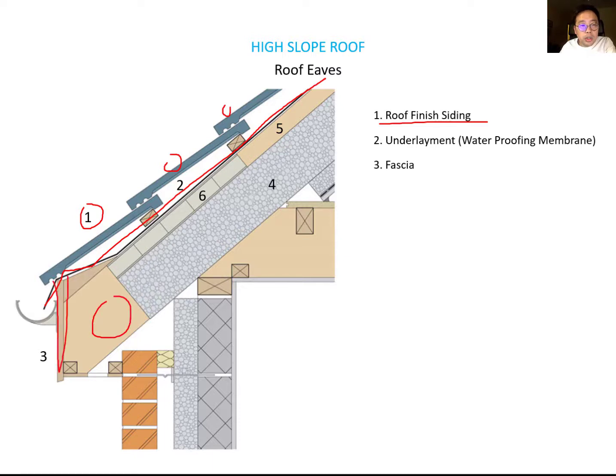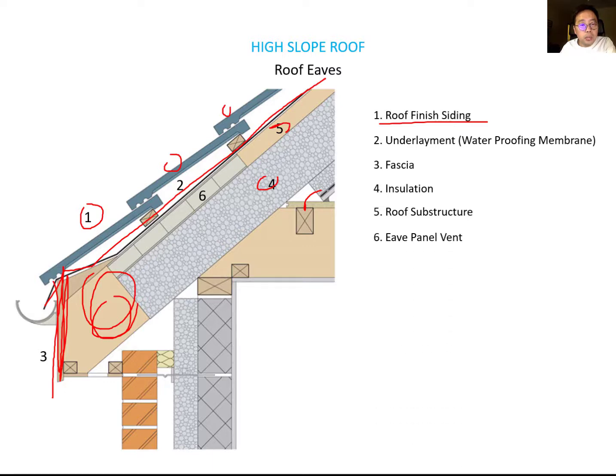You need this face material, which is a fascia, to recess this structure system from the outside. And you need the insulation. So this is very similar to the flat roof design. The next one, you need a roof substructure. You can see this roof substructure.